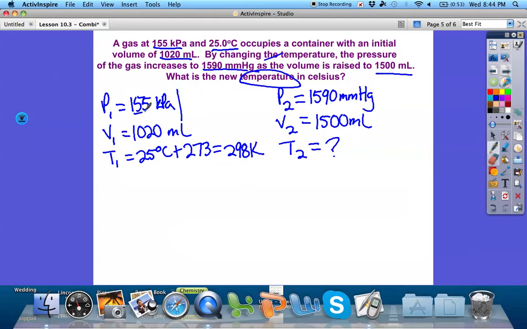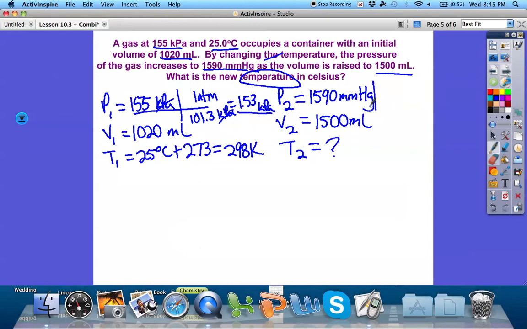I converted both of my pressures to ATM because that's what our conversion factors are to, and you're going to have to end up doing 2 steps anyways to convert, so I just chose to do this so I had smaller numbers. So to convert kilopascals to ATM, we're going to divide by 101.3, and that's going to give us 1.53 ATM.